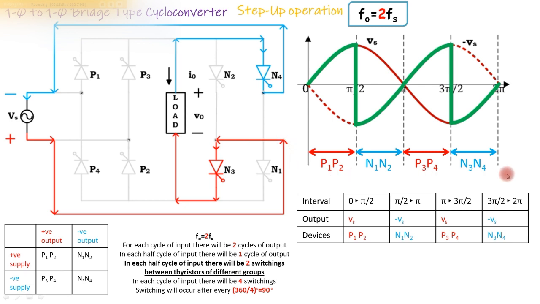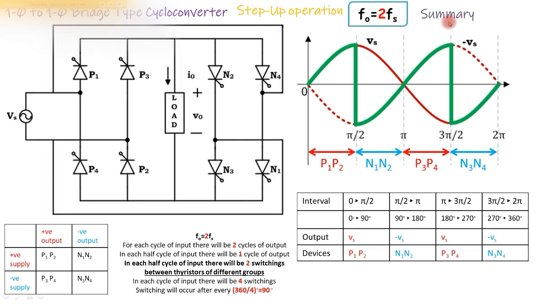So in this way, two cycles of output are obtained. This is cycle number 1 and this is cycle number 2. So mind you, there are two cycles of output for one cycle of input. Therefore, the output frequency is twice the supply frequency.